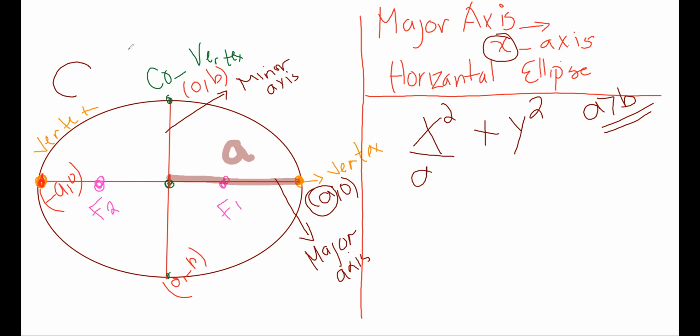So it will be under X. If A is a vertex, and since A is on the x-axis, A will be under X, and B will be under Y. Here, A is on the x-axis, so it will be under X, and B is on the y-axis, so it will be under Y.